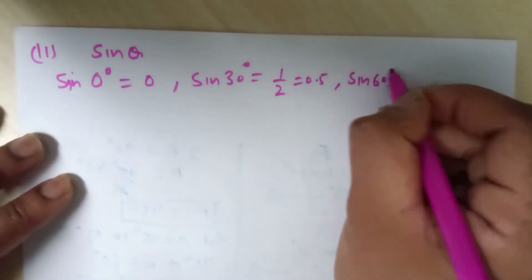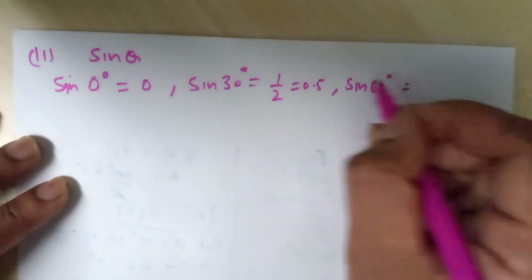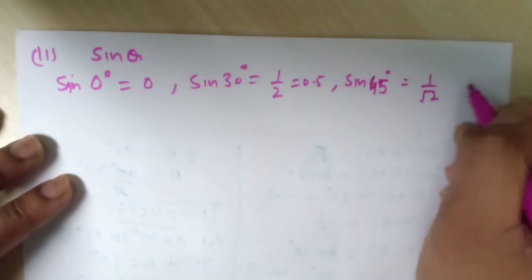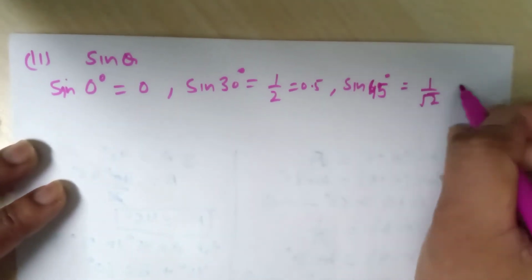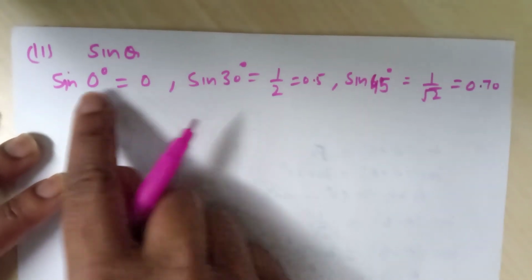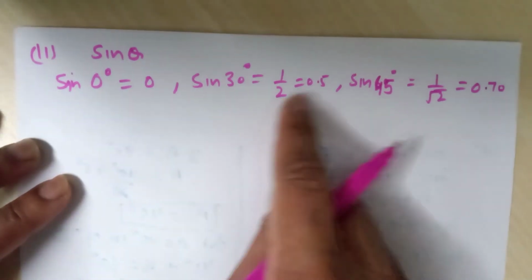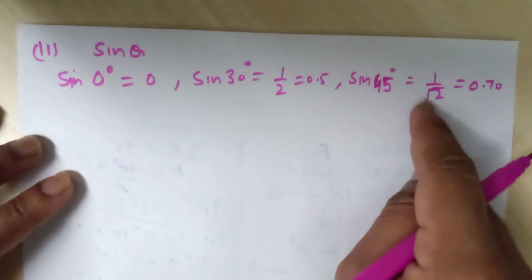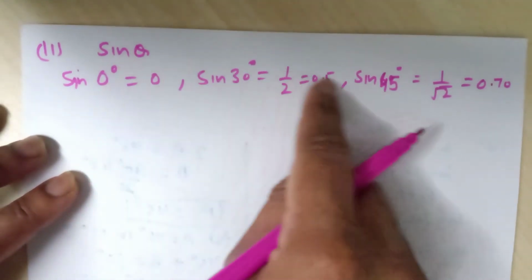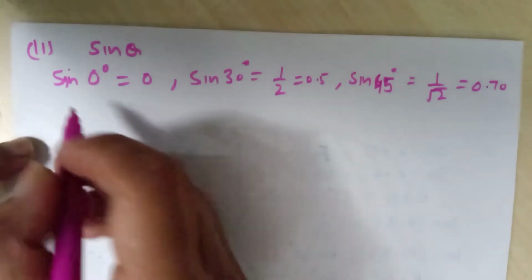Sin 45 degree is equal to 1 by under root 2, and when you calculate the value you will get 0.70. You can see that value of sin 0 is equal to 0 and 1 by 2 is 0.5, then 0.7. It is increasing as the value of theta angle is increasing.